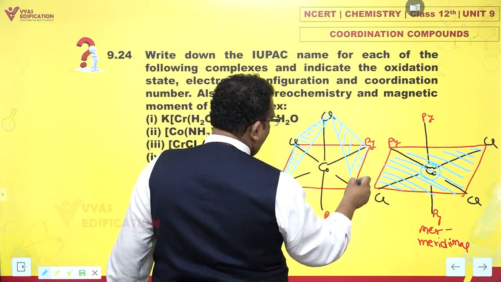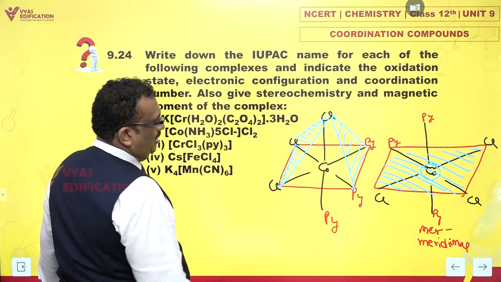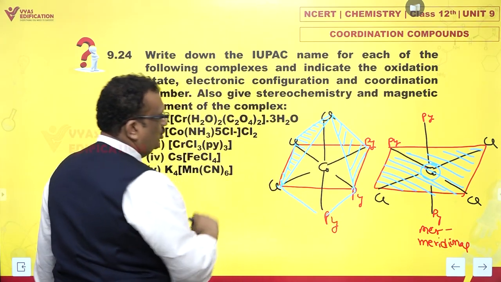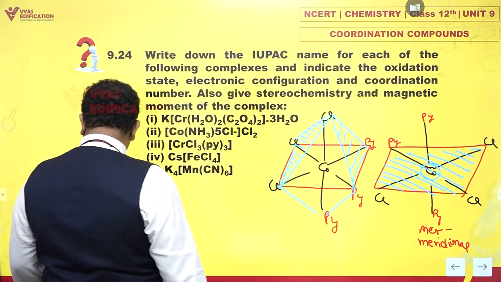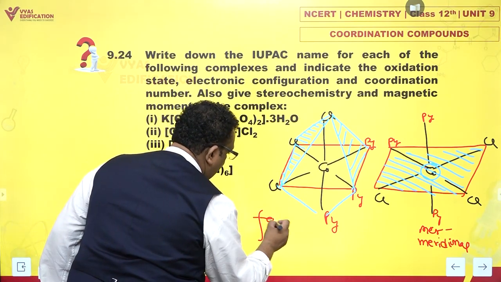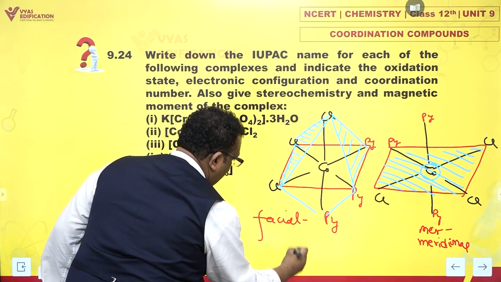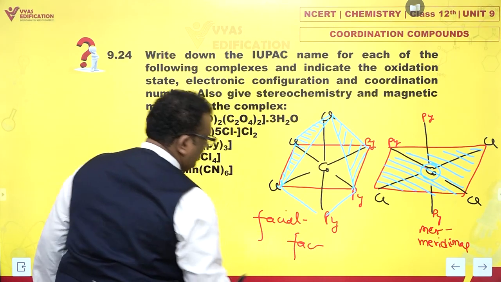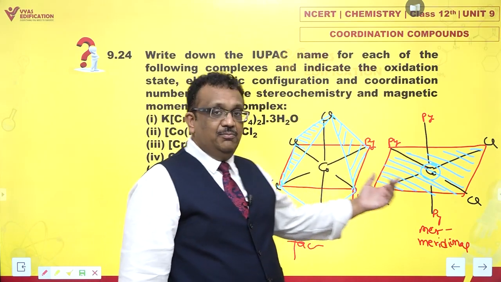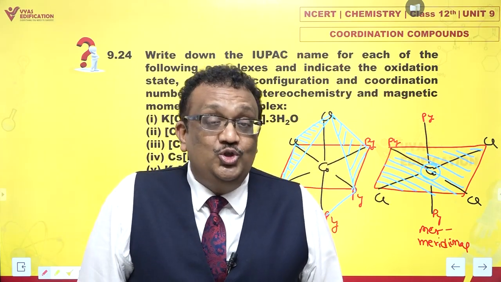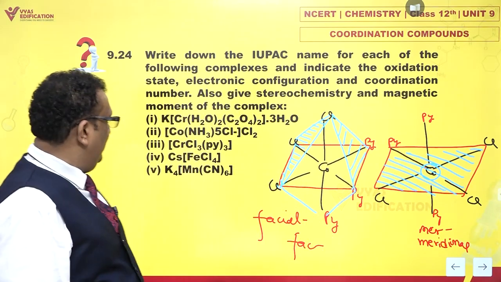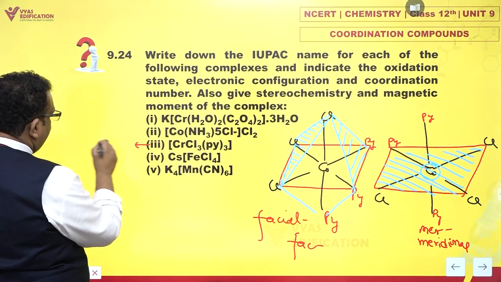This is the octahedron, and that is why this is called facial, or in short, FAC isomer. So you have FAC and MER, facial or meridional isomers, and two geometrical isomers are possible for this one.